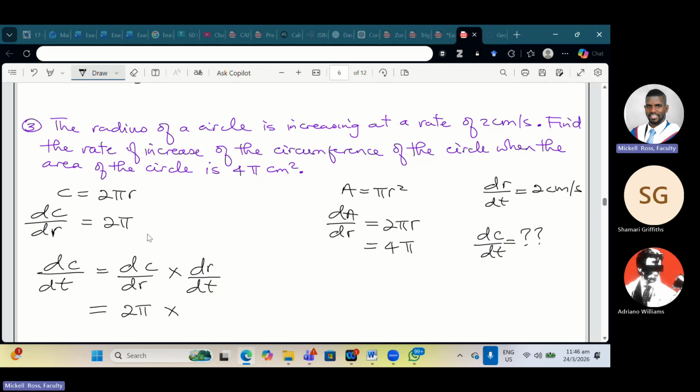So that's going to be 2 pi times 2, so that means that we're going to get 4 pi centimeters per second.